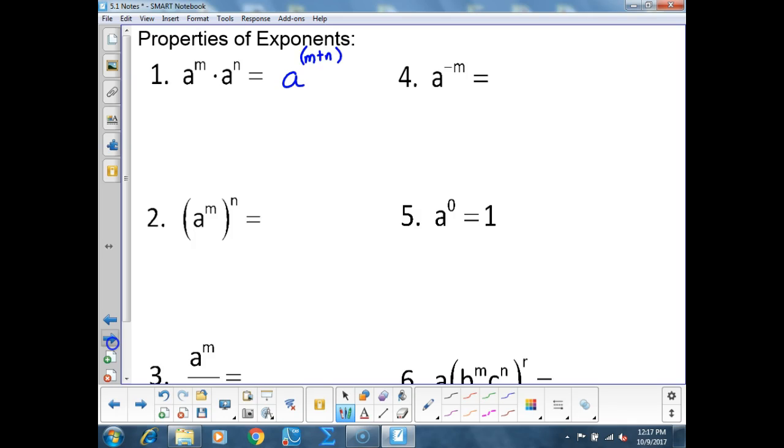When I'm multiplying with the same base, I add the exponents. Power to a power. So I've got a to the m power to the nth power. Power to a power here. What do I do with the exponents? Multiply them.